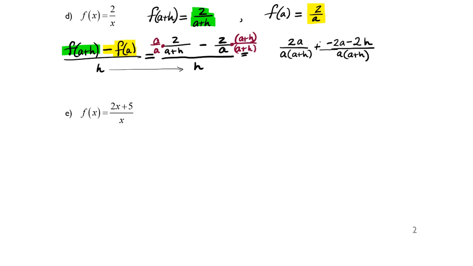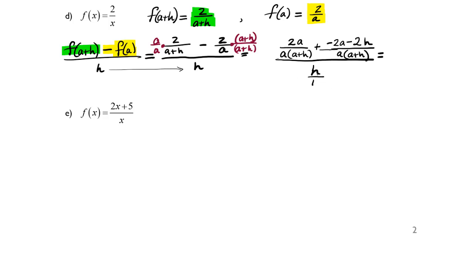Now notice here I changed this to a plus sign because I distributed that negative through. That's in effect doing the same thing. Now I can rewrite this all over h. One last simplification here. Remember, if you have a fraction divided by a fraction, you can flip the second fraction over and multiply.